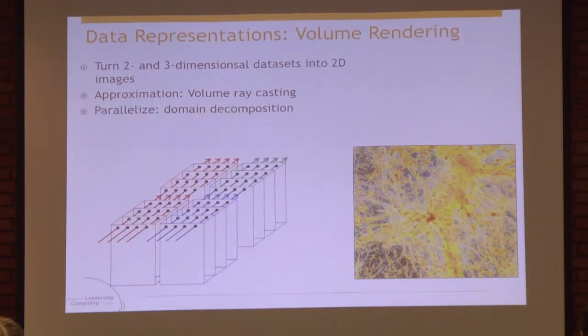And again, because we're looking at really large data sets, you need to think about how you can parallelize this. One way is to do domain decomposition, where you break up that volume among different processors, and you do that same process of taking samples along the ray within your chunk of the volume.